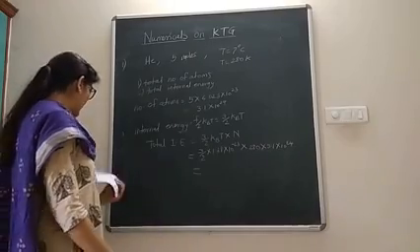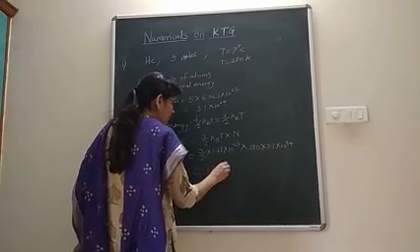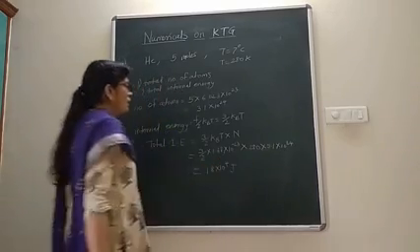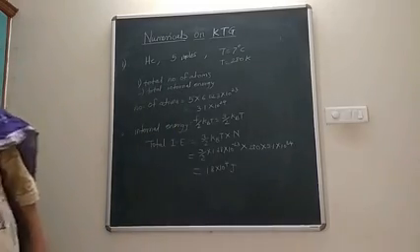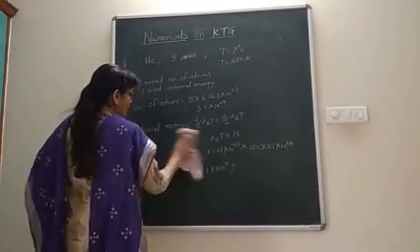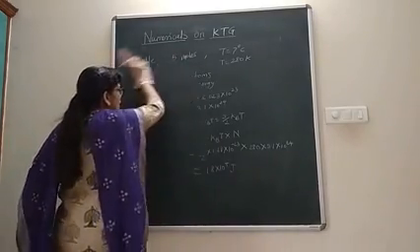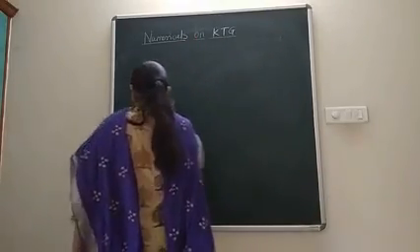Answer you will get is 1.8 into 10 raised to 4 joule. So this is how to calculate the total amount of energy. For that we need to consider the total number of atoms in that system.